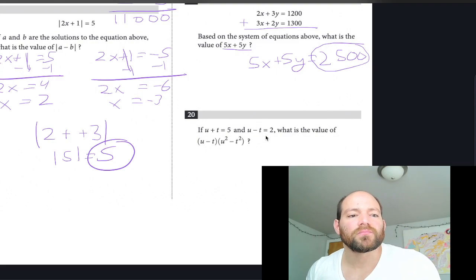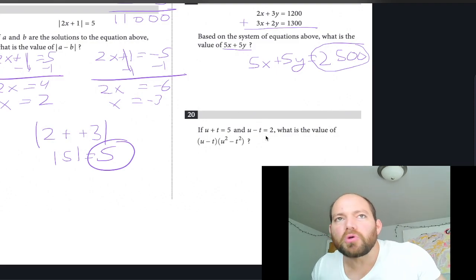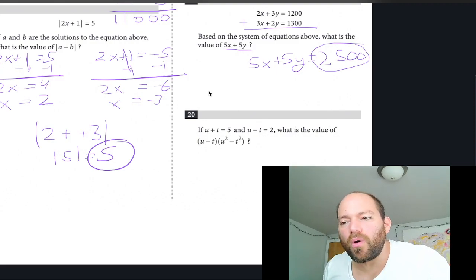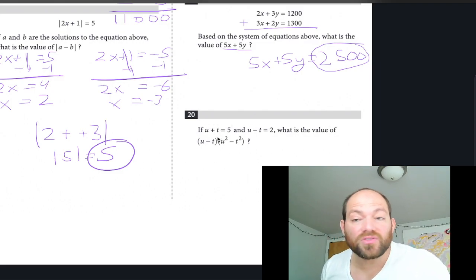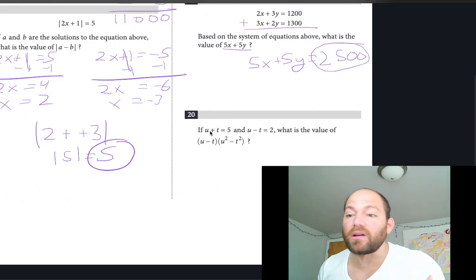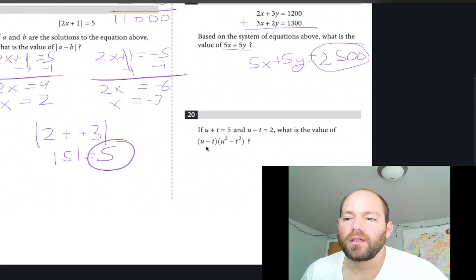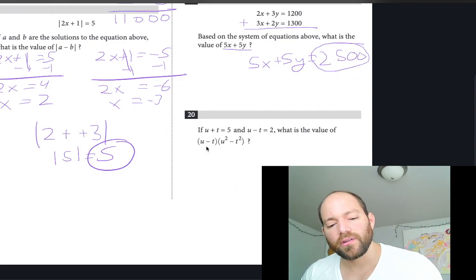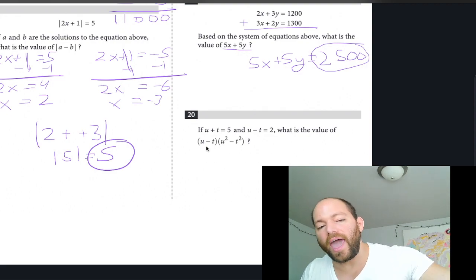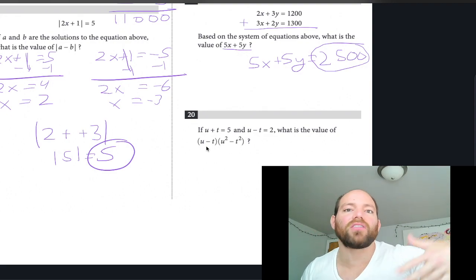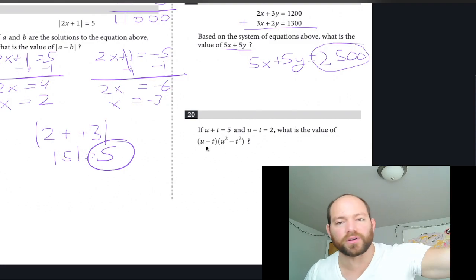So you might think that if we add these equations together, it eliminates the t, and then we can solve for the u, and then we can... Sure. If we did all that, and we didn't make any mistakes, and we had time to do all those steps, that would lead us to the right answer.